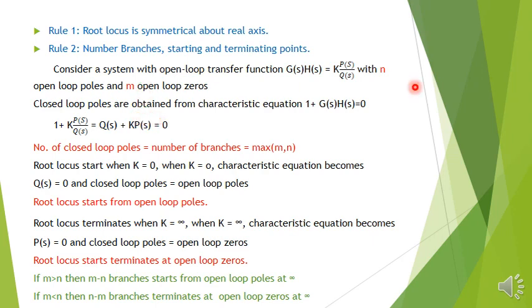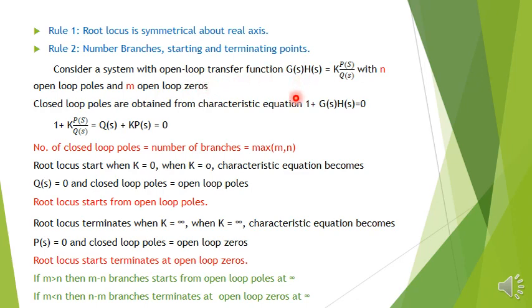Suppose m is 3 and n is 2. Open loop zeros is 3, open loop poles is 2. Then Q(s) is an s square term, but P(s) is an s cube term, so the order remains s cube. So the order of this characteristic equation depends on m and n, whichever is the largest.